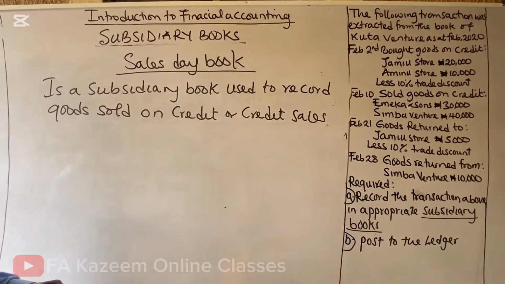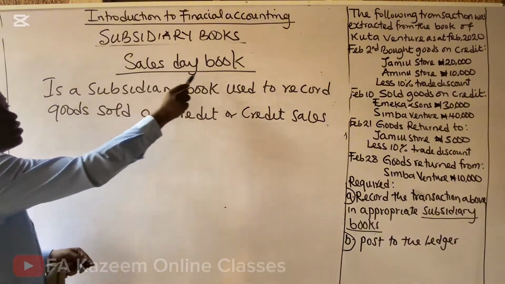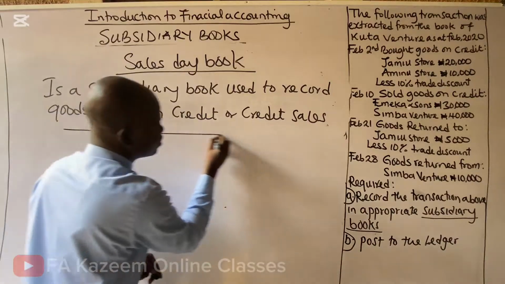When goods are sold on credit to customers, the appropriate subsidiary book to record such transactions is the sales day book. And let's look at the format of the sales day book.